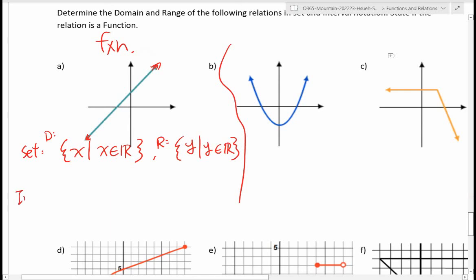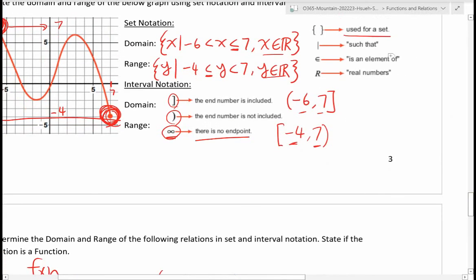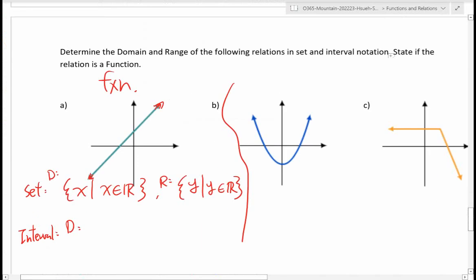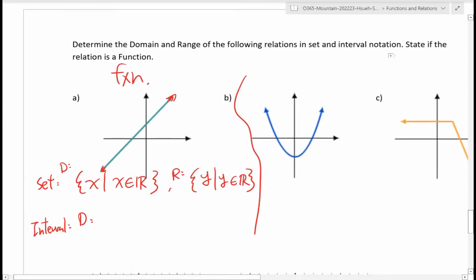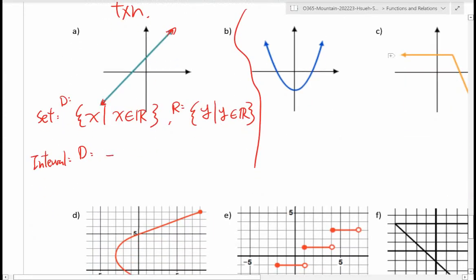Now the interval notation. Domain. This is where the infinity symbol comes in, because it keeps going to the left, keeps going to the right. There is no end. When there is no endpoint, you use the infinity. To the left, it's very negative, so we call that negative infinity. This symbol is infinity.